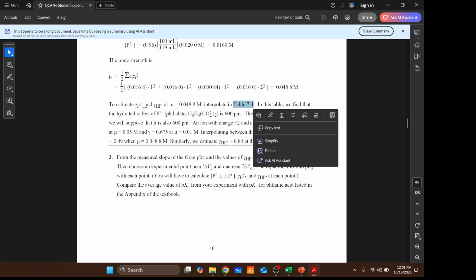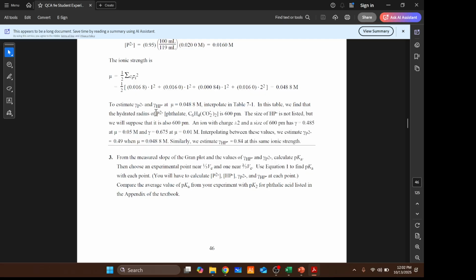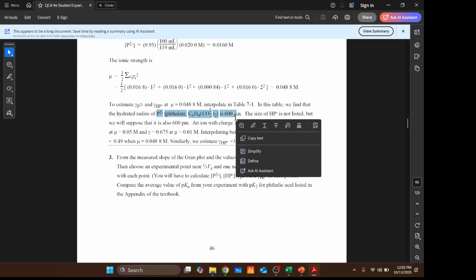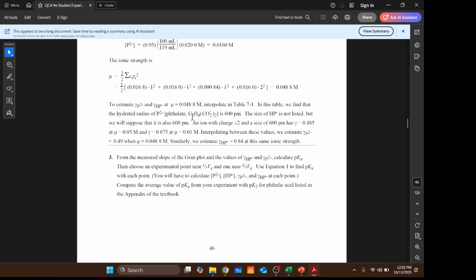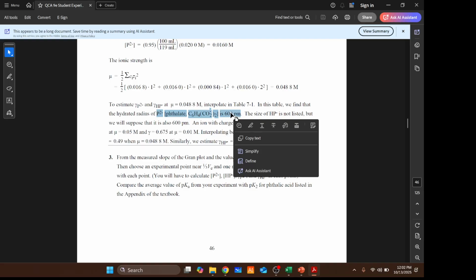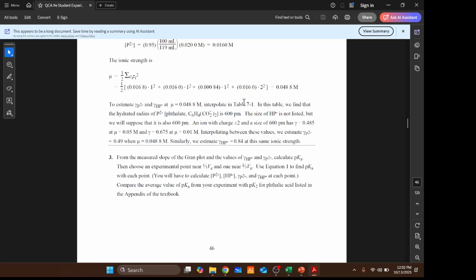You have to get the hydrated radius. Notice these values right here are actually going to be correct for that right there. And you'll probably be pretty close. I wouldn't expect a huge amount of difference here. But the hydrated radius for the P2 minus is this value from that table for this problem.